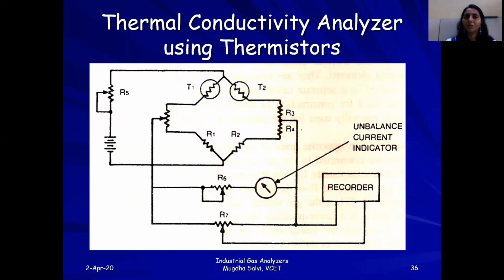The bridge will be balanced when both cells have reference gas, and when a sample gas is introduced, the bridge will go out of balance, because there will be a change in resistance, and this change in resistance is directly proportional to the amount of sample gas entering the sample cell.